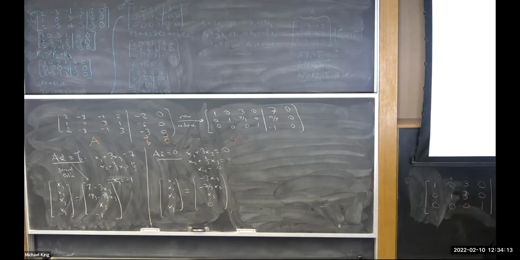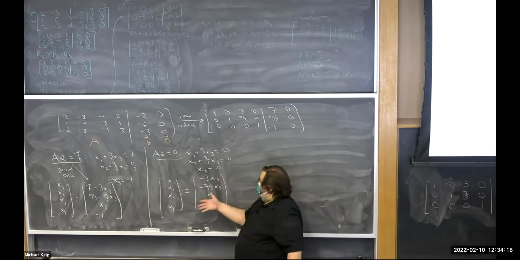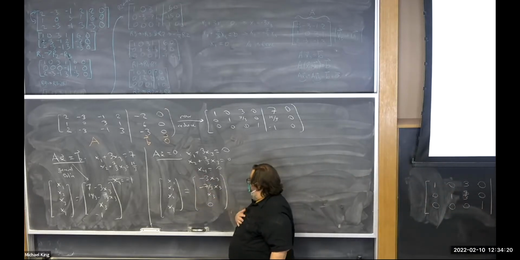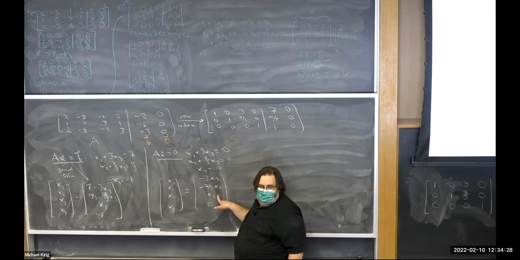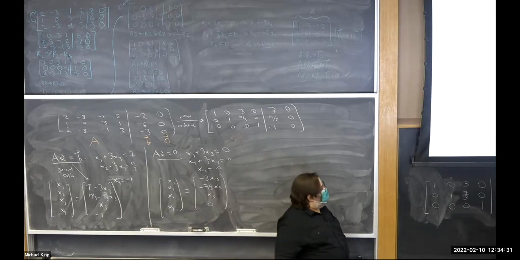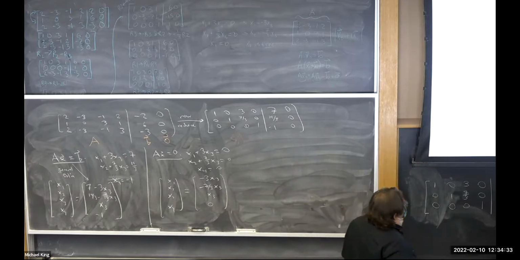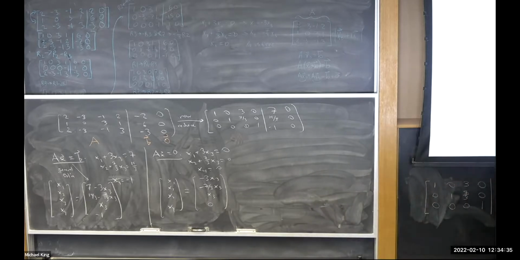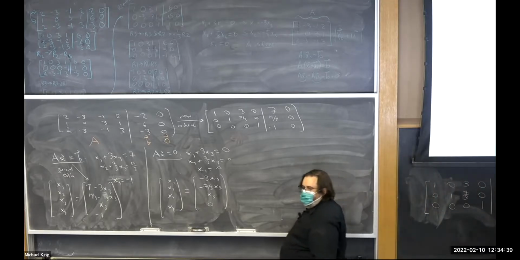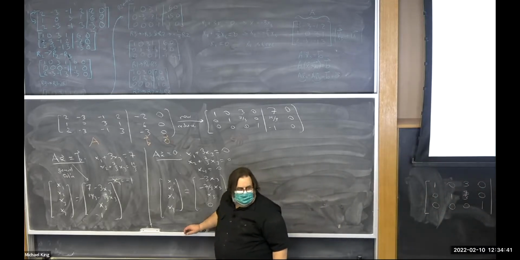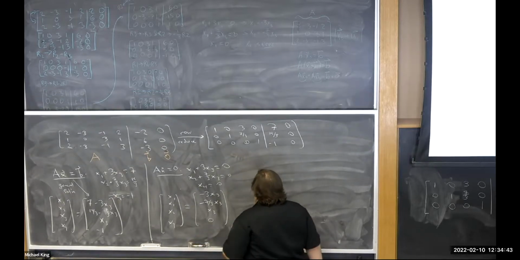And then when you explored what happens, you can make two different homogeneous solutions by just picking different values of x3. And what you found was that all these combinations also were solutions of AX equals 0. That's what you guys found. I think all the groups found that.